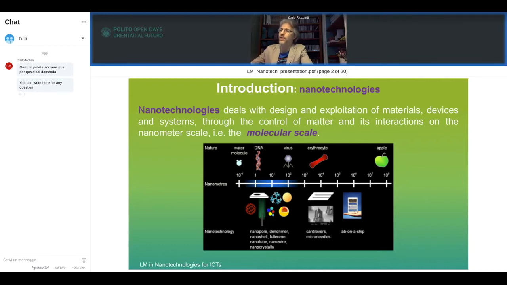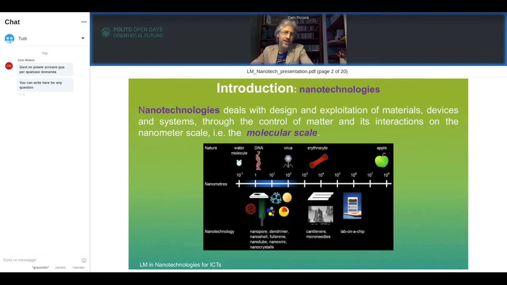What you can see in this picture is the same scale in the middle, and then in the upper part you see what is nature made, and in the bottom part you see what is human made: lab on a chip systems, micromechanical systems, or nanoscale systems. As you can see, that is a really hot topic today.